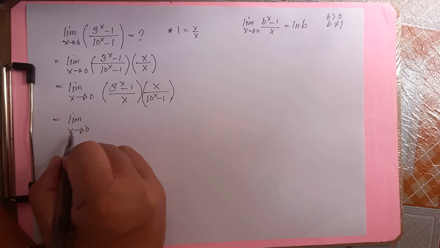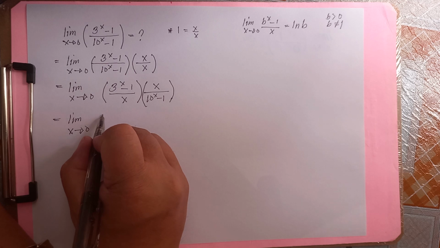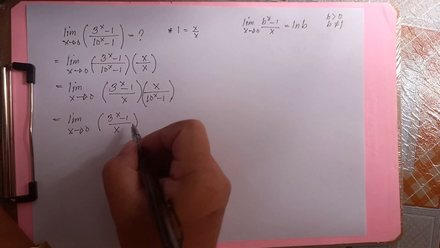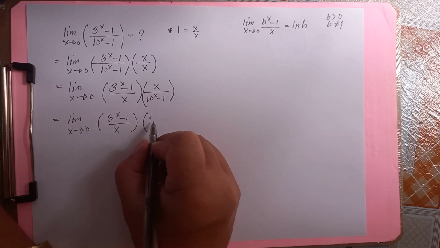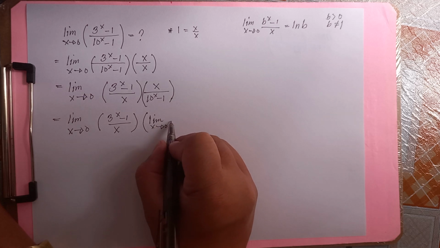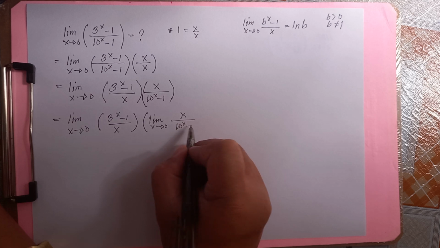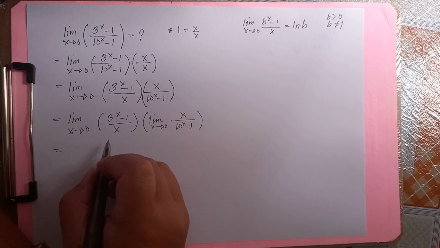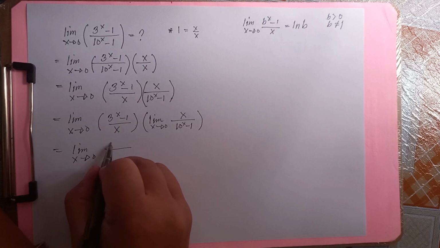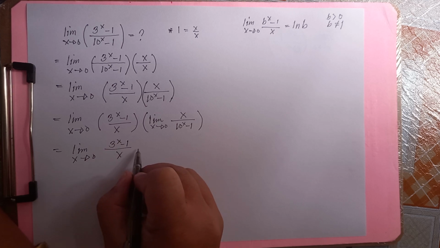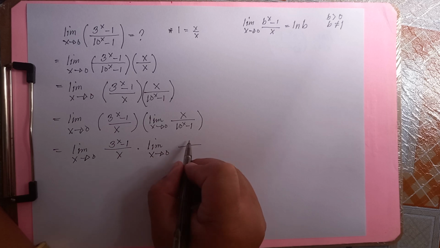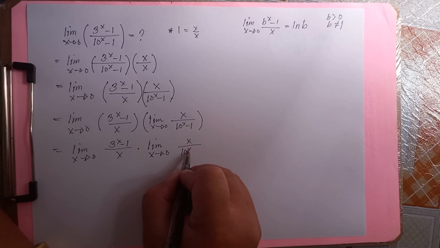So we can have now the form: the limit as x approaches 0 of 3 raised to x minus 1 over x, times the limit as x approaches 0 of x over 10 raised to x minus 1.